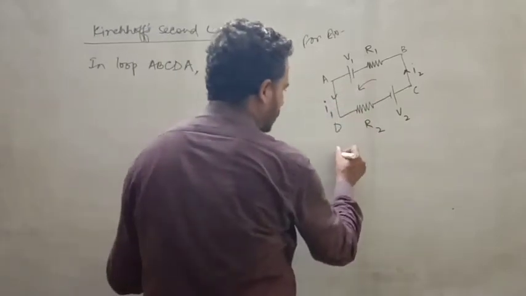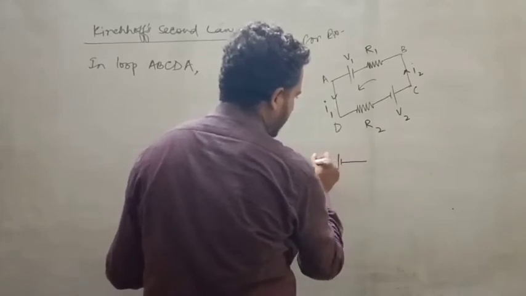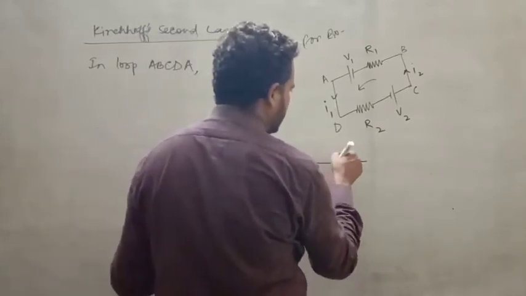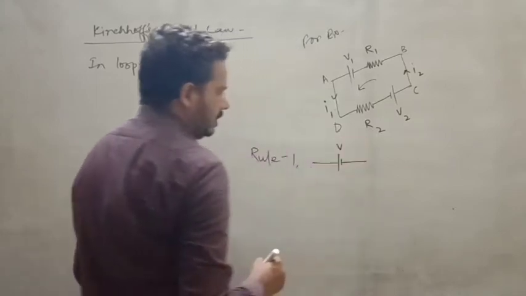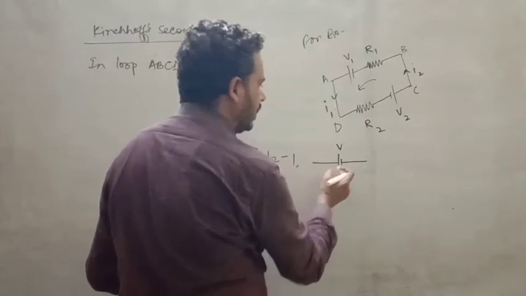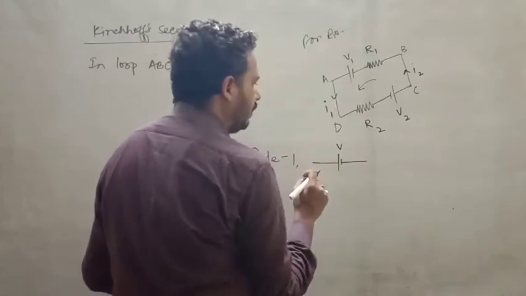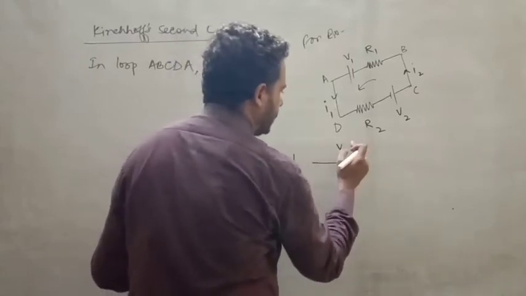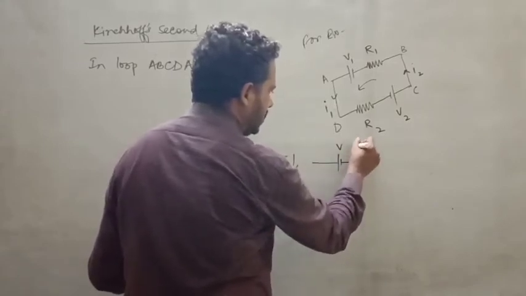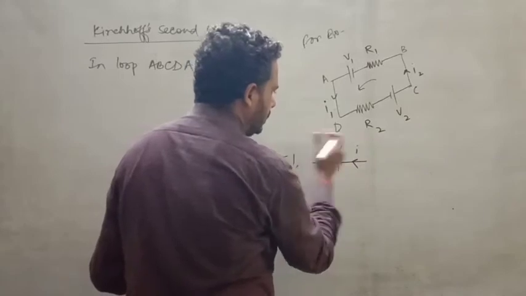There is a potential in this cell, and if its potential is V, whatever the direction of current in this EMF, either from left to right or from right to left, that is in this direction, otherwise from here to there.